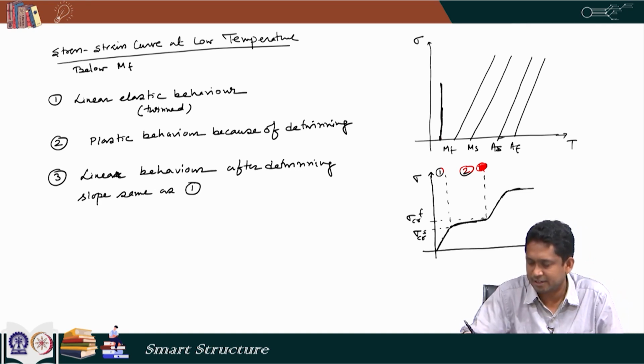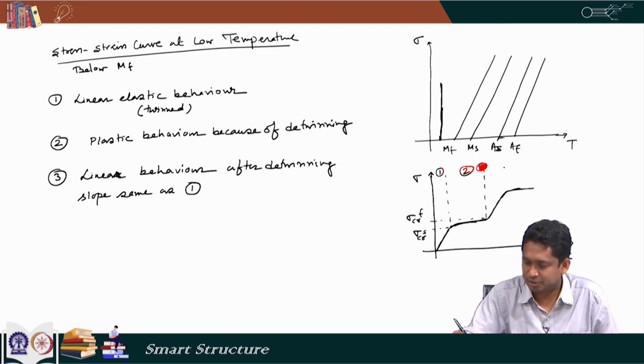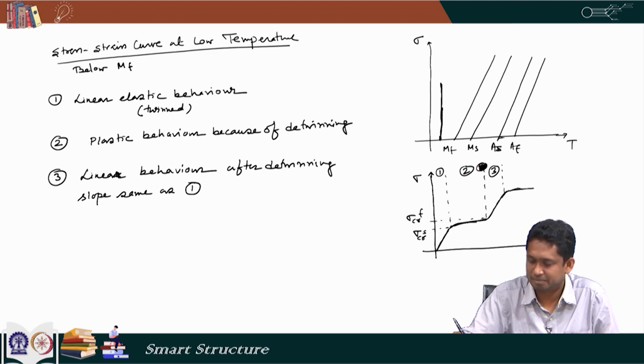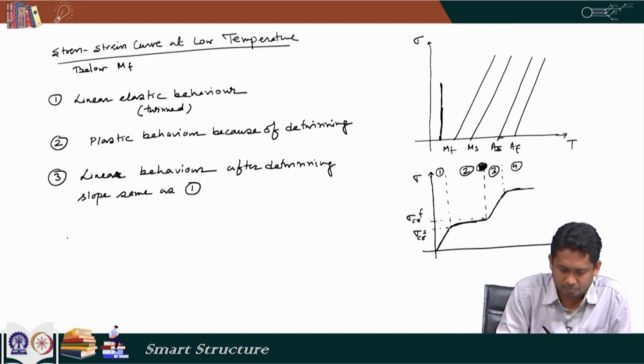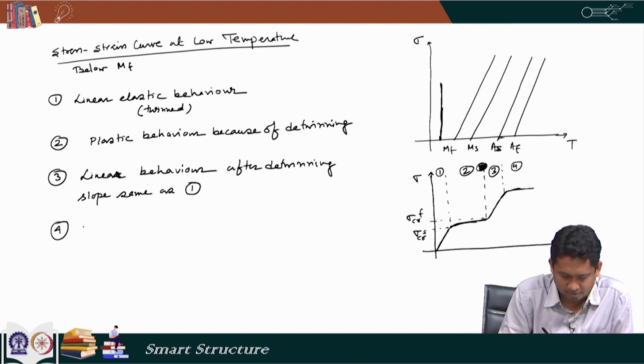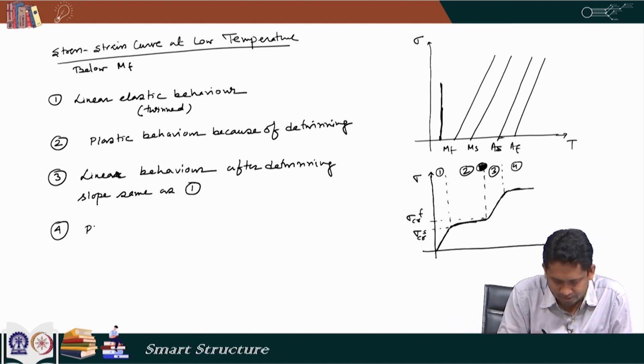So, the slope here and here are almost the same. This shows a linear behavior up to some range, then beyond this the material starts slipping and the behavior is again plastic. So, we can call this zone 4, plastic deformation due to slip.